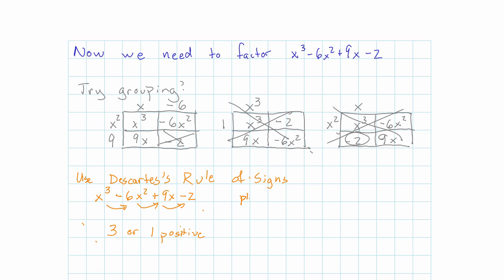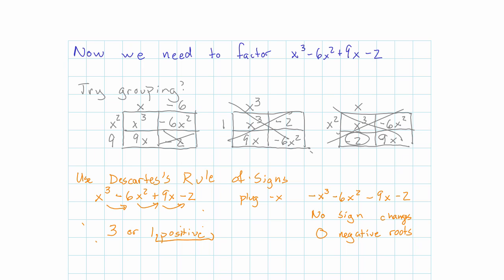If I plug in negative x, that's going to reverse the sign of everything with an odd power of x. Negative x to the third minus 6x squared minus 9x minus 2. Oh, every term there has a negative coefficient, so no sign changes. That means I'll have 0 negative roots. So that means I only have to try positive numbers.